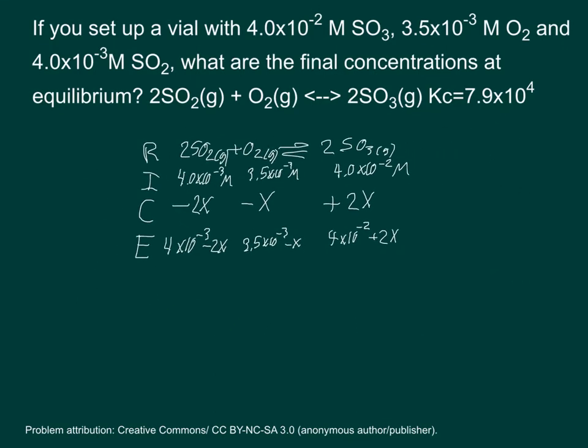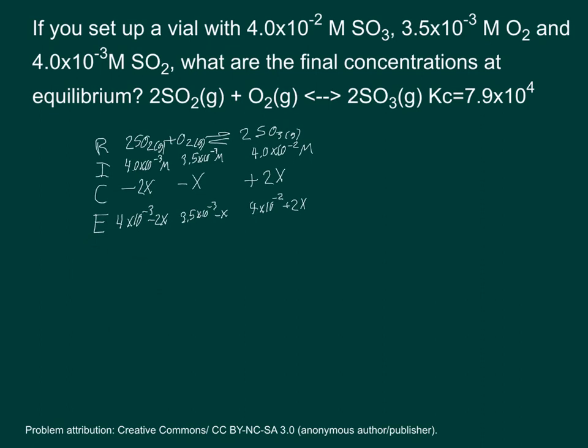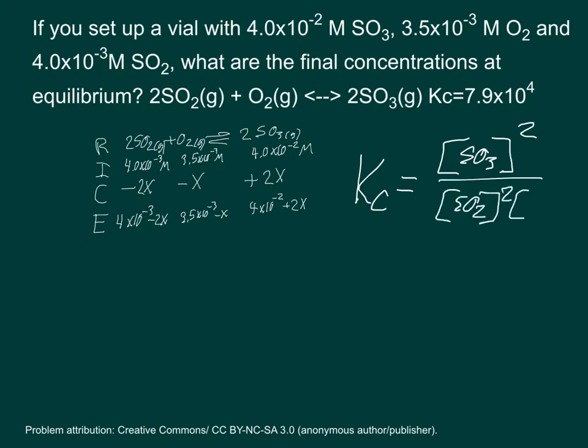So now in order to solve this, what we need to do is plug those values at equilibrium into the K expression. So we know that Kc is equal to the concentration of SO3 at equilibrium squared over the concentration of SO2 squared times the concentration of O2.